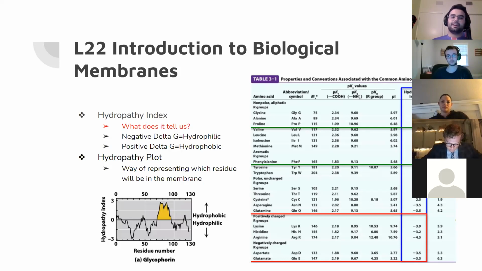Is it going to be inside the cell membrane, where there is no water, or inside or outside of the cell, where there is going to be water, right? So you're going to see right here that a negative delta G means it's hydrophilic, it wants water, and a positive delta G is going to be hydrophobic, okay?